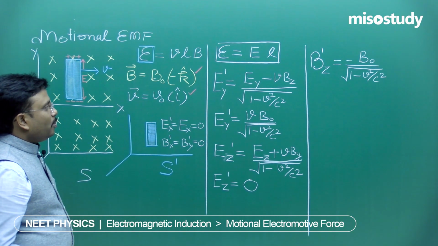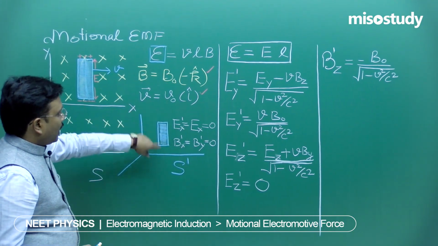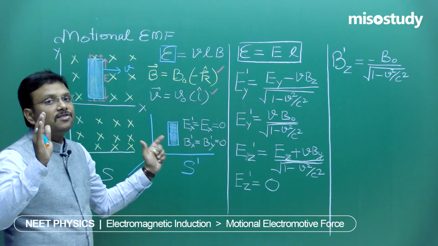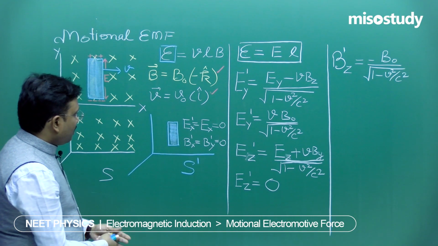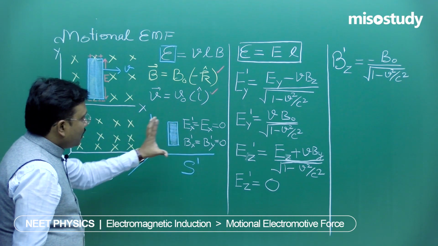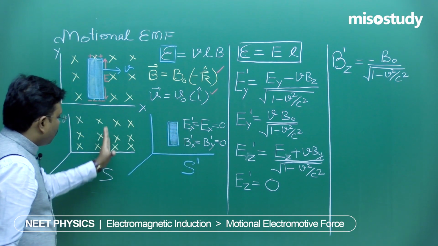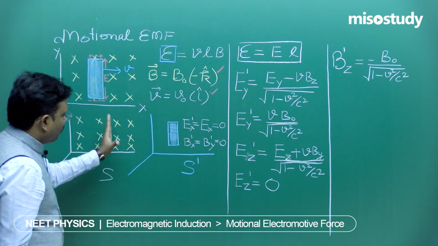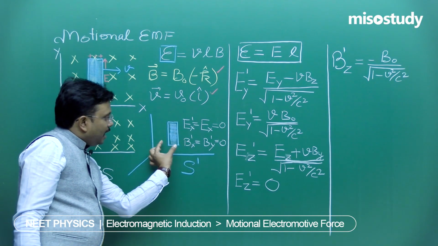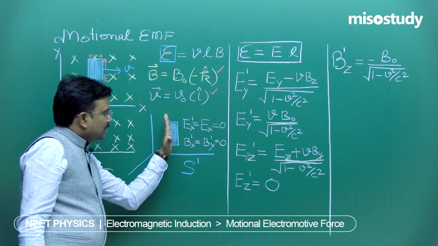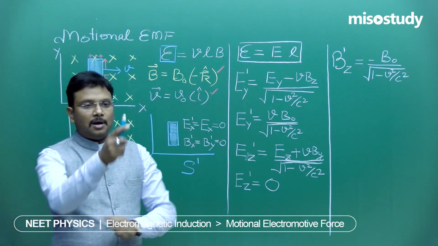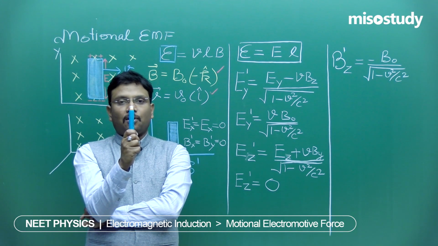Rather than consuming a lot of your time writing these equations, a few things I would like to explain in a simplified fashion. Similarly, you can write the values of electric and magnetic field for this reference frame also. Fine. Over here please consider one fact. In this reference frame, this conductor is stable, not moving. Imagine I am sitting in the car holding this rod in my hand.